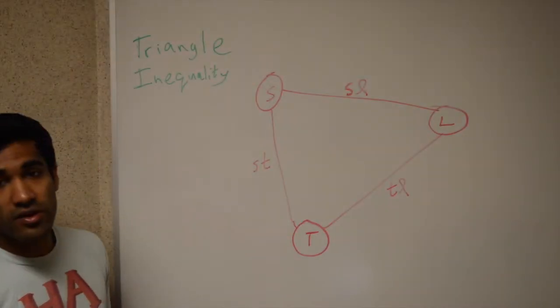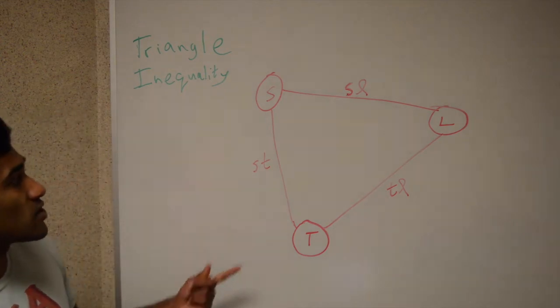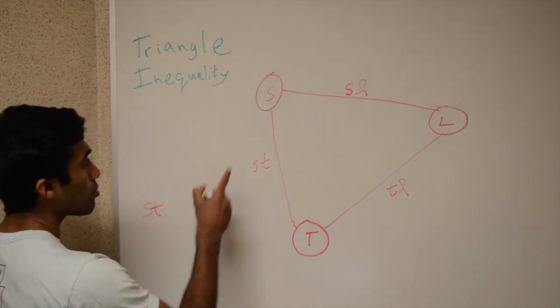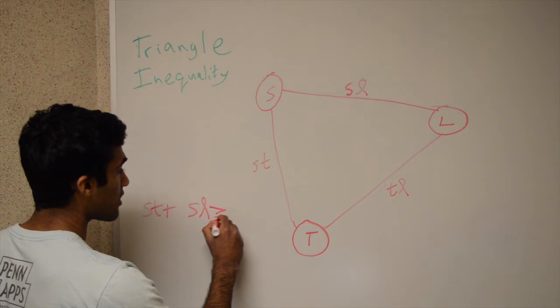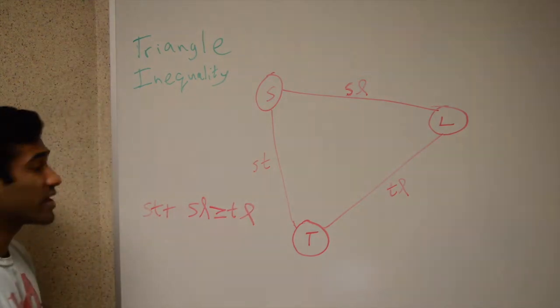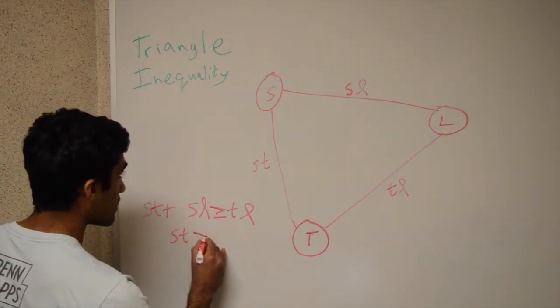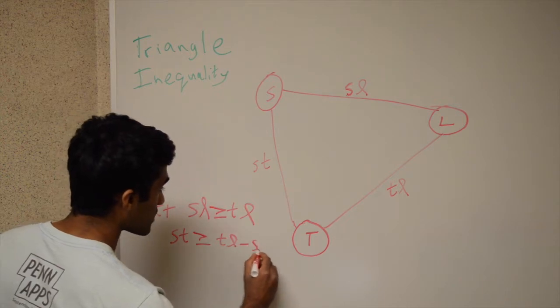So the ALT algorithm takes advantage of something called the triangle inequality, which tells you that when given a triangle as such, the lengths ST plus SL is going to be greater than or equal to the length TL. And that can be rewritten as ST is greater than or equal to TL minus SL.